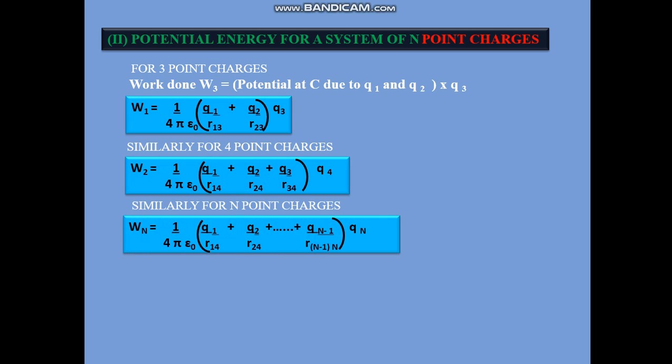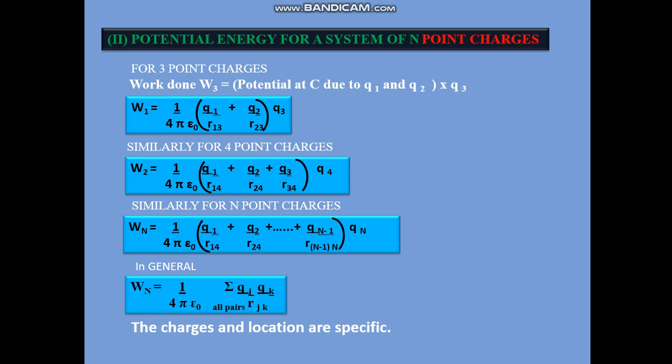Similarly, for n-point charges, Wn is equal to 1 upon 4 pi epsilon naught, q1 upon r1n plus q2 upon r2n up to q(n-1) upon r(n-1)n, into qn. So, in general, we can write Wn is equal to 1 upon 4 pi epsilon naught summation qj qk upon rjk for all pairs. The charges and locations are specific.